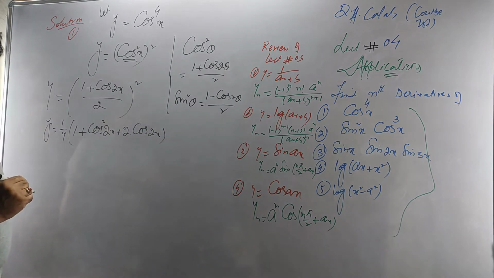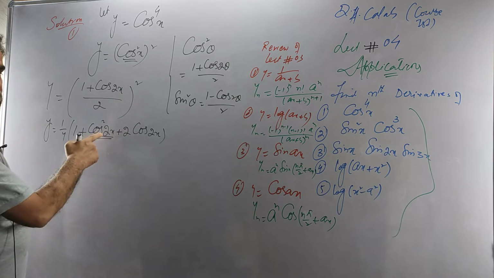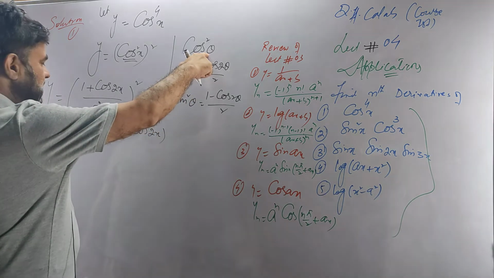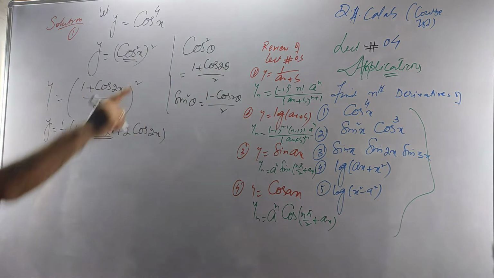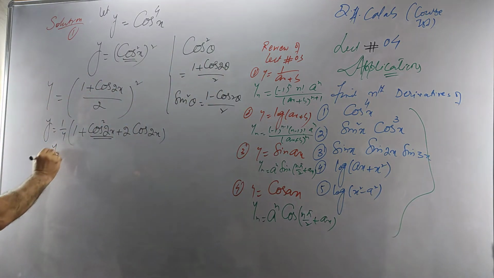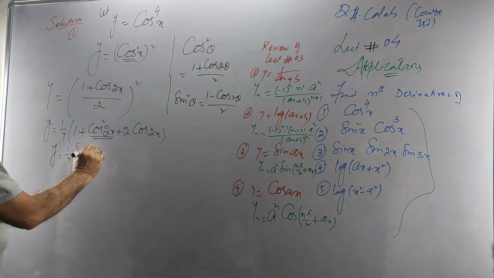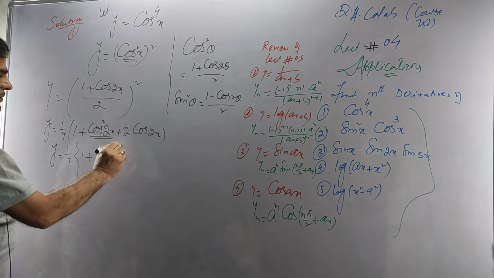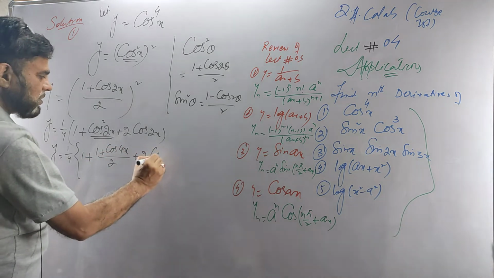Recall a plus b whole square is a square plus b square plus 2ab. Now again apply the formula for this. I have to replace theta by 2 theta, so cos square 2x will be 1 plus cos 4x by 2. So y equals 1 by 4 times 1 plus cos 4x by 2 plus 2 cos 2x.